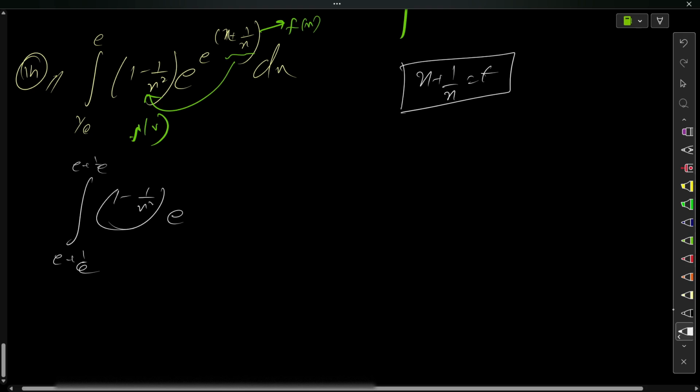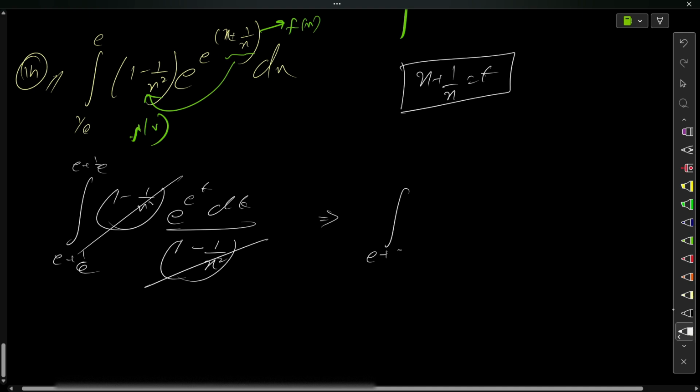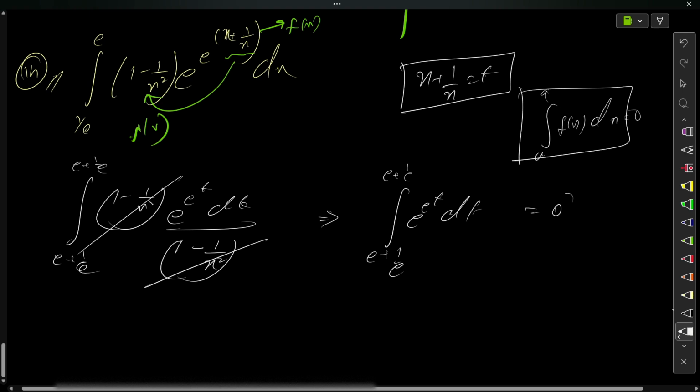E to the power e to the power of e to the power of t dt, divided by the derivative of x plus 1 over x, that is 1 minus 1 over x square. So this is getting cancelled, and the limits are the same. As we know, for any function, if the limits are the same, from a to a, then the integral is 0. The area under the curve is 0, so the answer is 0.